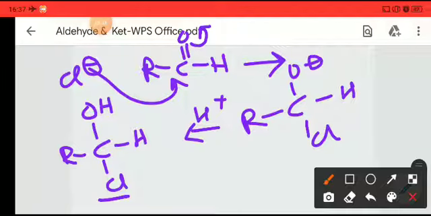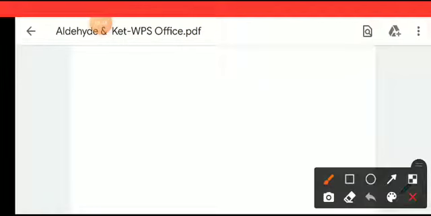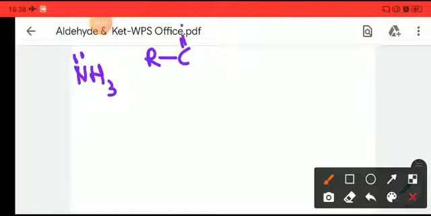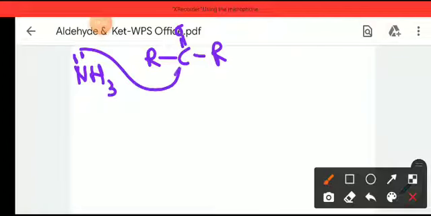Let's take another example. Suppose ammonia, in which nitrogen has a lone pair. If ammonia is attacking a ketone, R-C double bond O-R, ammonia can attack the carbonyl carbon by donation of the lone pair of nitrogen.